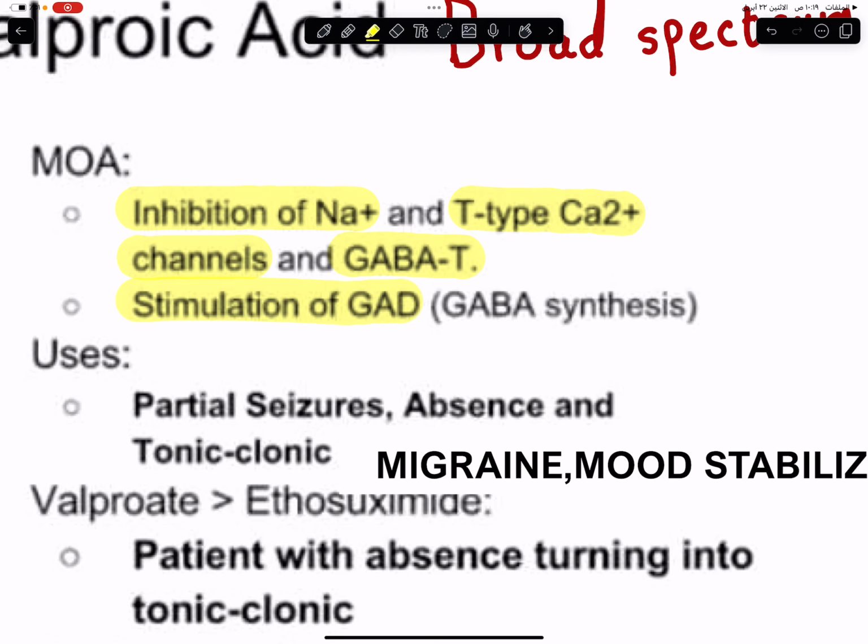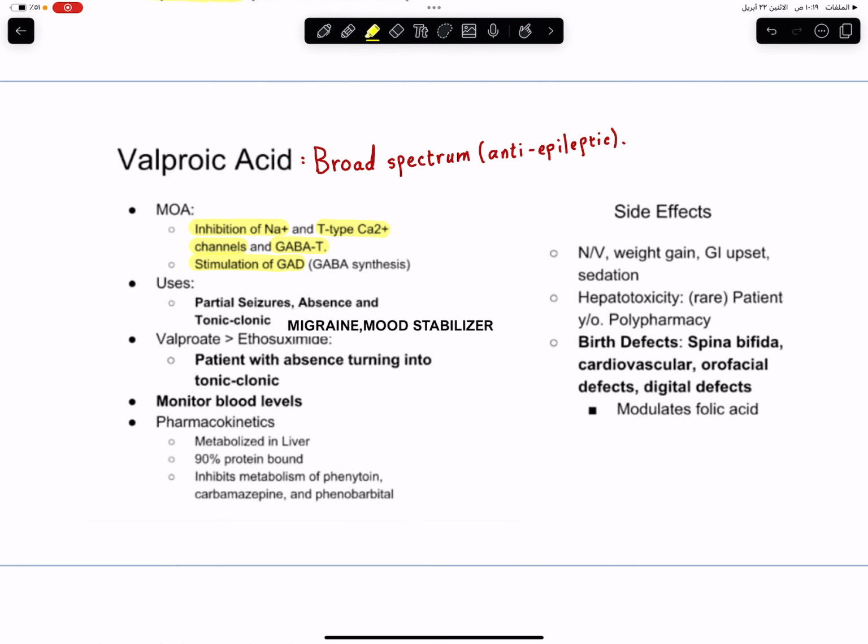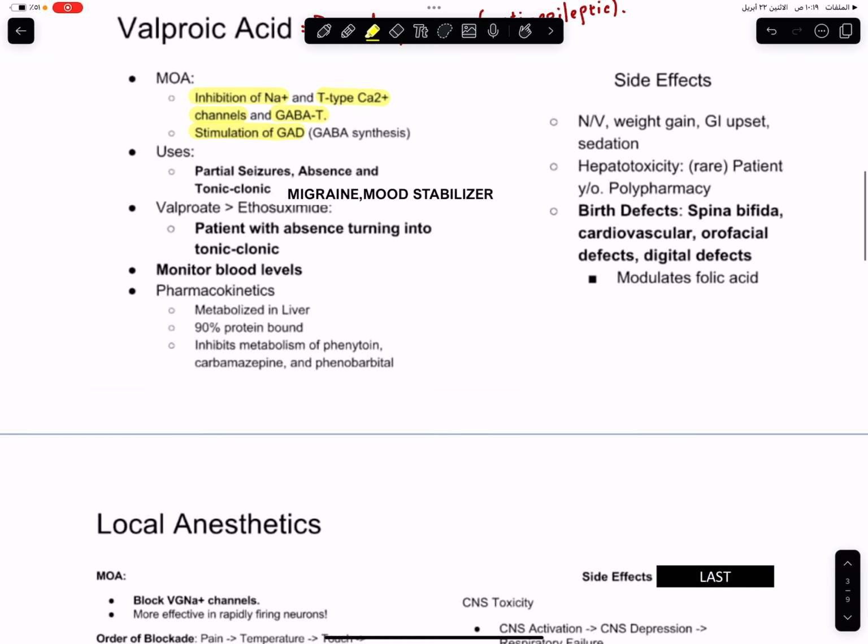There is an enzyme that causes degradation of the GABA, because the GABA needs to be destroyed; if it goes up and up, then we will sleep the whole day. Naturally, it goes up, and then by the enzyme GABA transaminase, it starts to degrade.